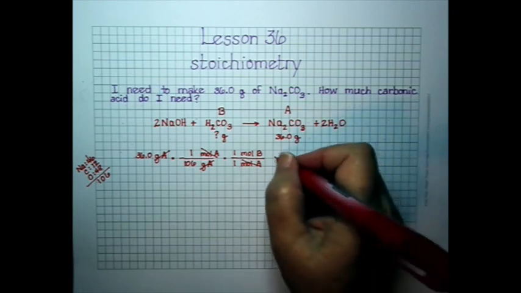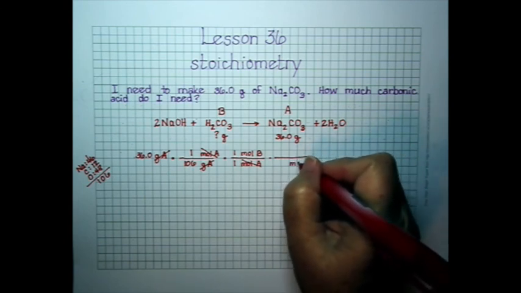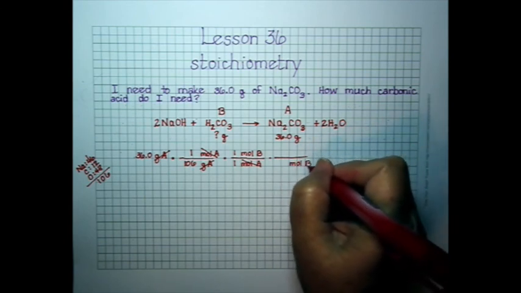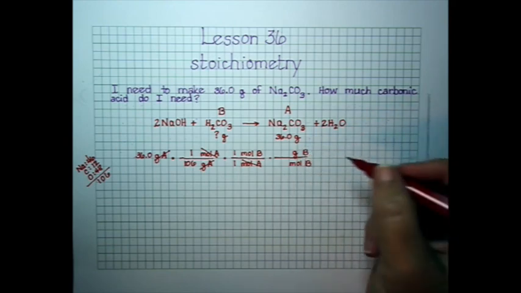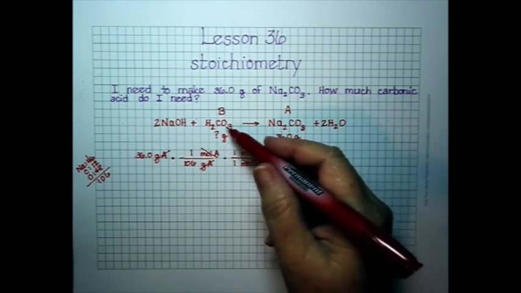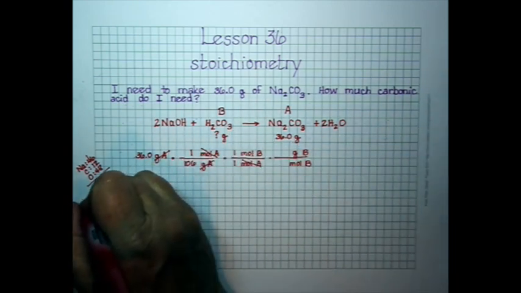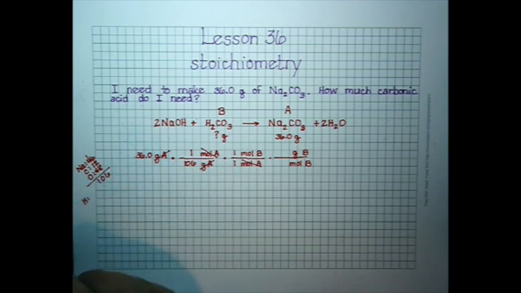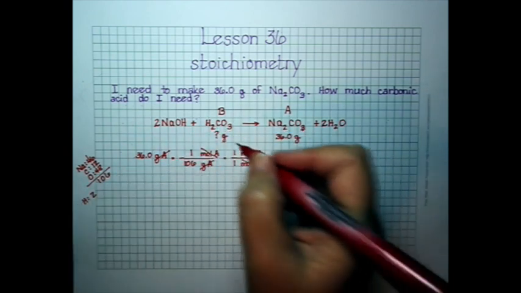So I want to get out of moles of B and into grams of B. That means I need the molar mass of B. Well, we come over and do another little side calculation. Hydrogen is 1, but there's 2 of them, so that's going to be 2.